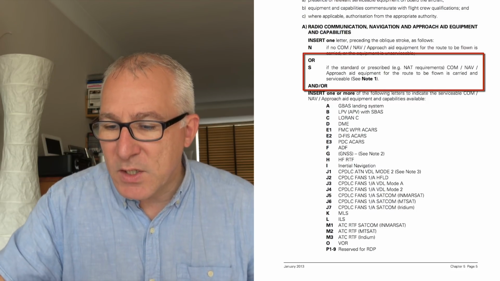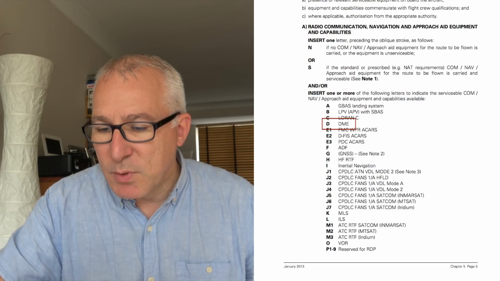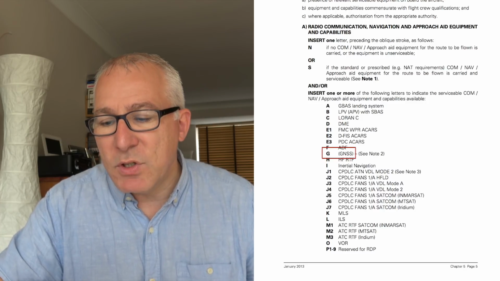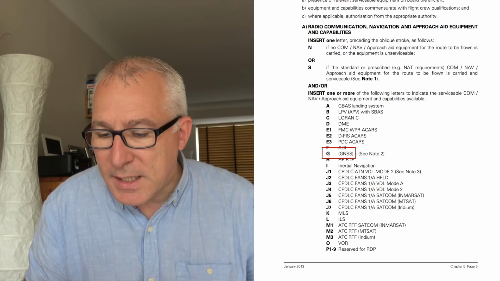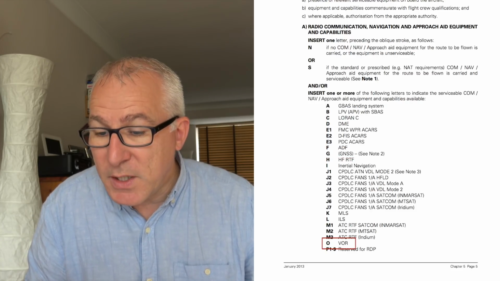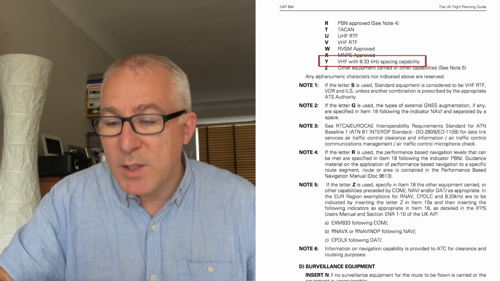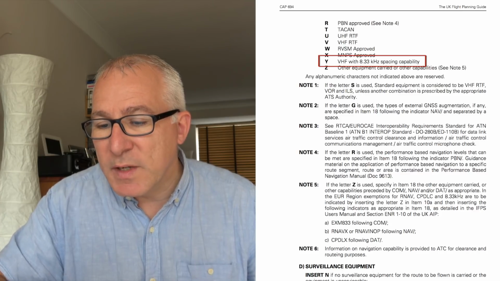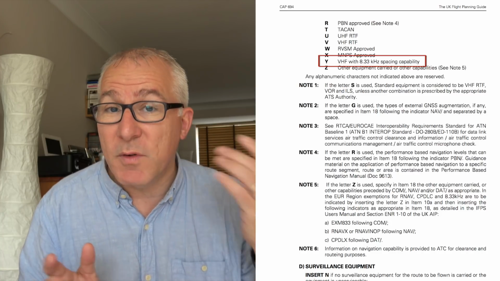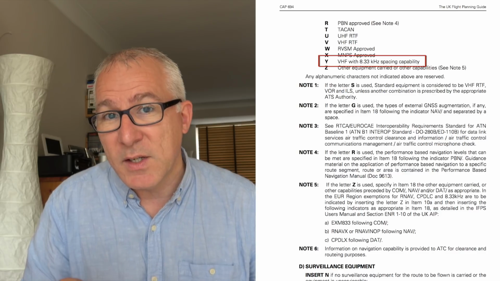And then you go down this list and you'd have a look, and I'd put in D for DME, I'd put in F for ADF, I might put in G for GNSS, I might put in L for ILS, I might put in O for VOR. I might put in, what else would I put in? I'd definitely put in Y, and this is for VHF with 8.33 kilohertz spacing capability, and that's important these days. You'll find often that you'll be denied access to airspace if you don't have that inserted in your flight plan.